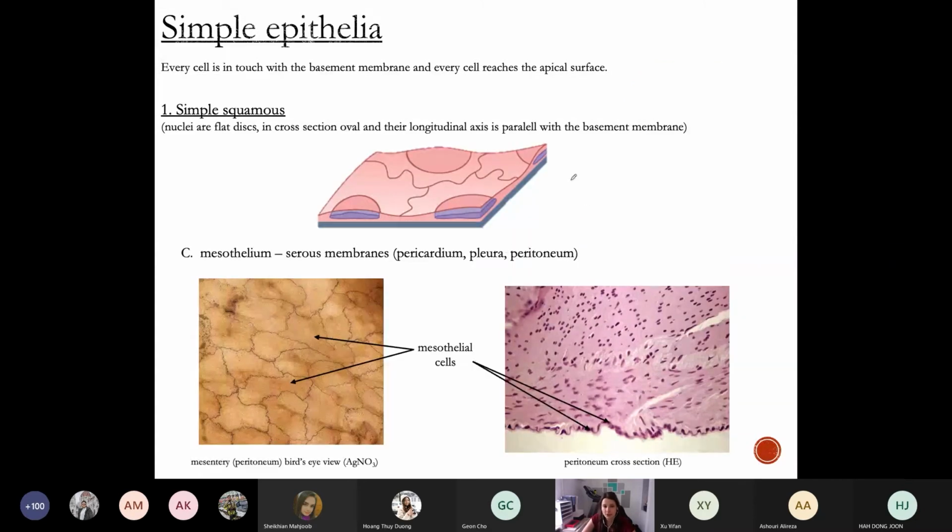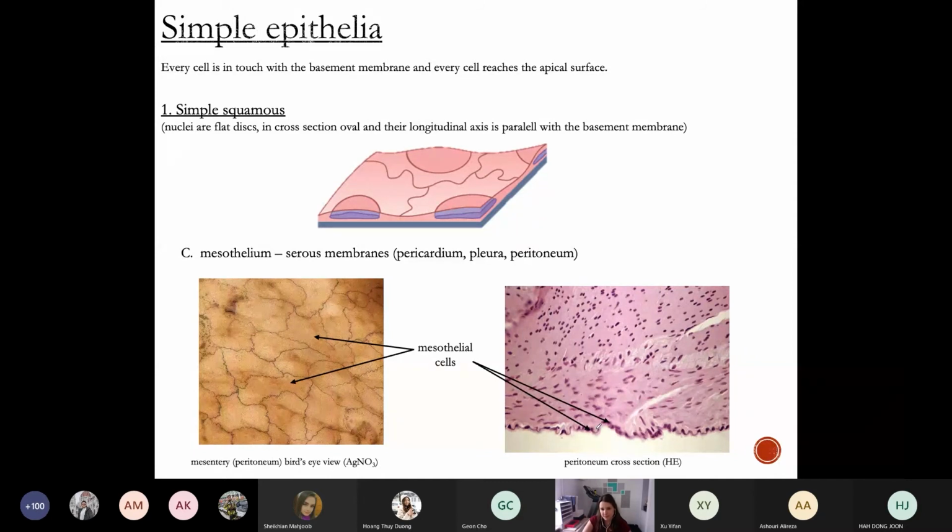Okay. The third type of simple squamous epithelium is the so-called mesothelium. The mesothelium looks actually very, very similar to the normal, to the real simple squamous epithelial cells. This is what you can see on the right lower corner.